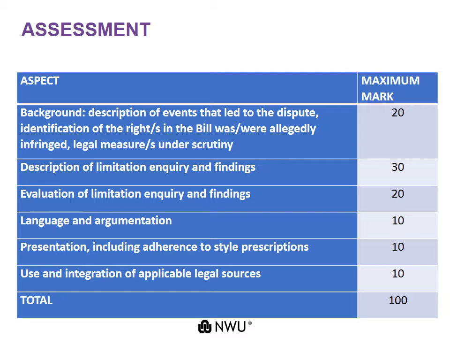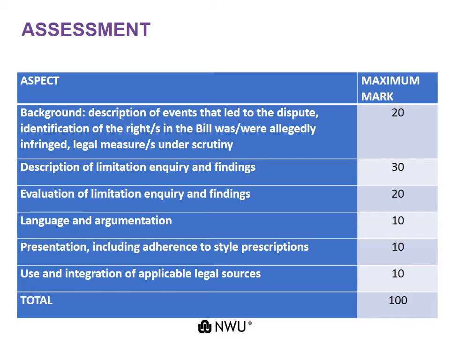So for 20 marks, you have to describe the events that led to the dispute. You must also identify the right or the rights in the Bill of Rights that was or were allegedly infringed, and what was the legal measure under scrutiny. It means which rule of law was contested.